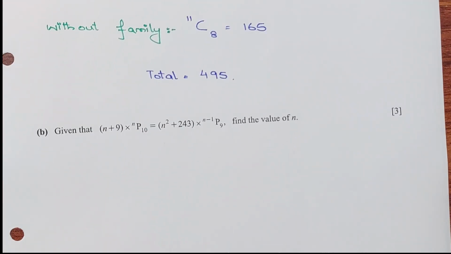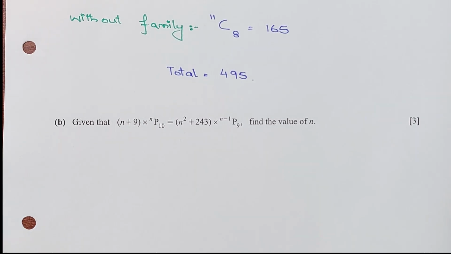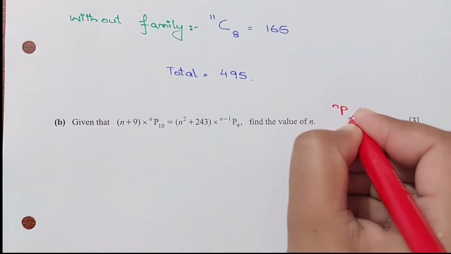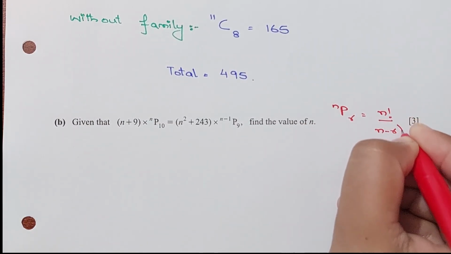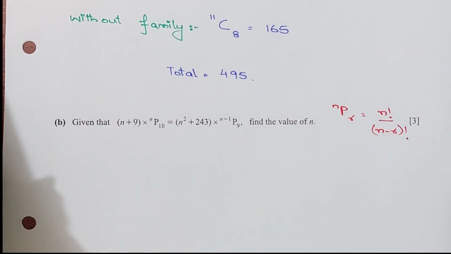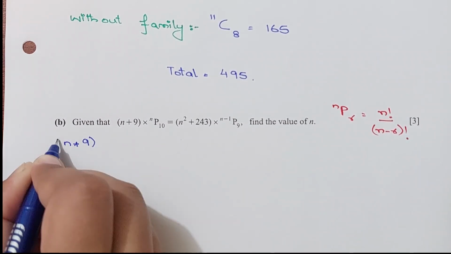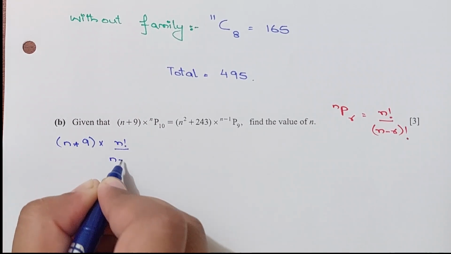Okay. Now for part B, given that this would be equal to this, find the value of n. So we have to remember the formula of permutation. nPr equals n factorial over n minus r factorial. Using this formula, let me open the permutation. Okay, so this is n plus 9 into n factorial over n minus 10 factorial.